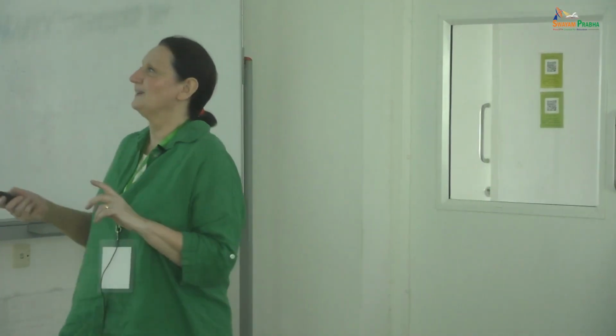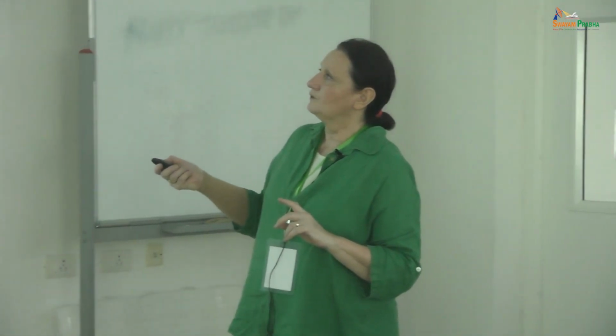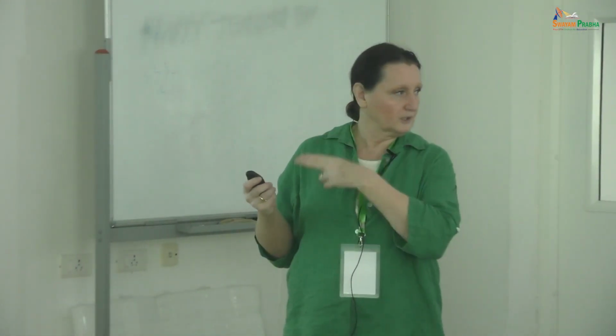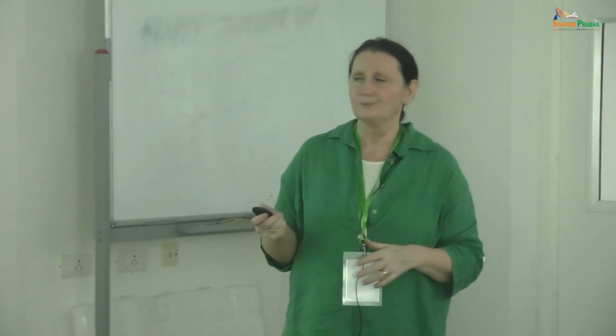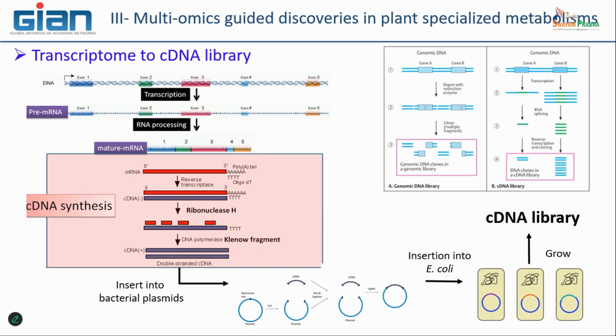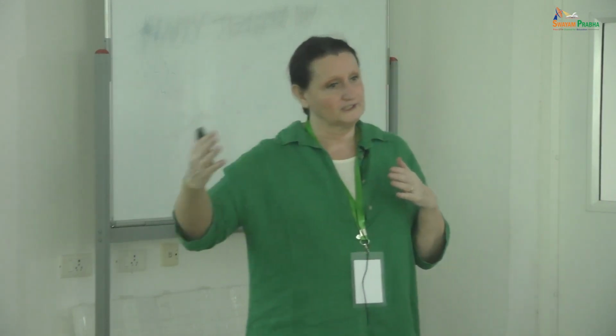I will be more clear. For example, if you take some genomes, you cut the genome in different ways, enzymatically for example, and you have a library that represents the number of genes you have in the genome. But when you have a transcriptome, as I said before, it's at a particular moment, which means that not all the genes are present in the transcriptome.